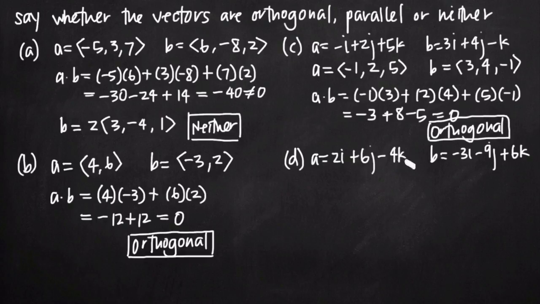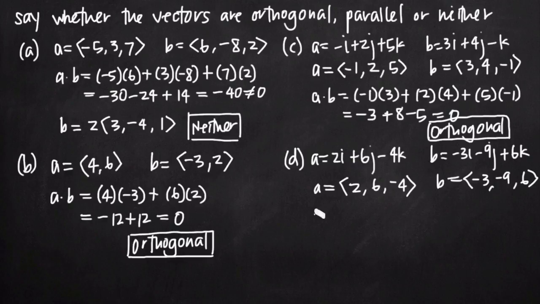Now my last example here, I can convert in the same way that I did example C. I can say A is equal to, taking the coefficients here, 2, 6, negative 4. And I can say that B is equal to negative 3, negative 9, and positive 6, like this. I can check to see whether or not they're orthogonal by taking the dot product.